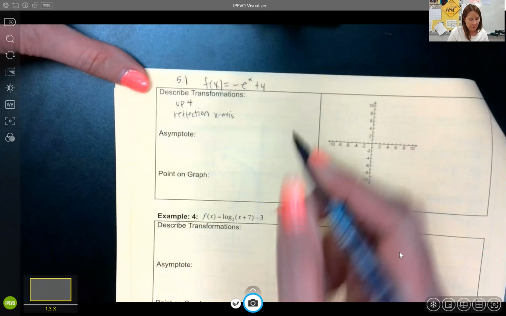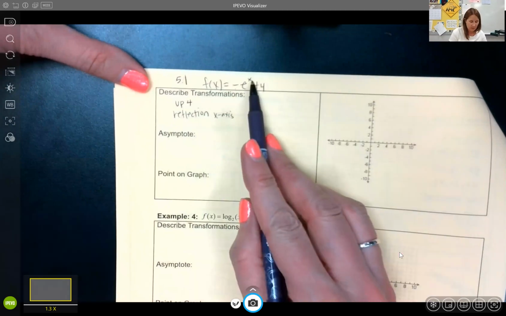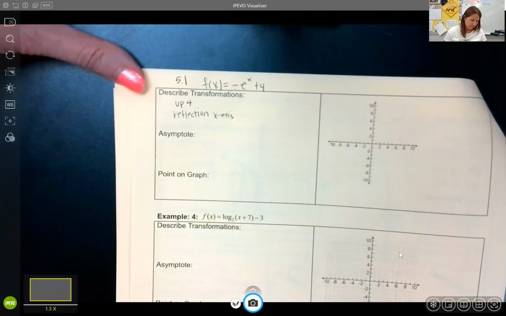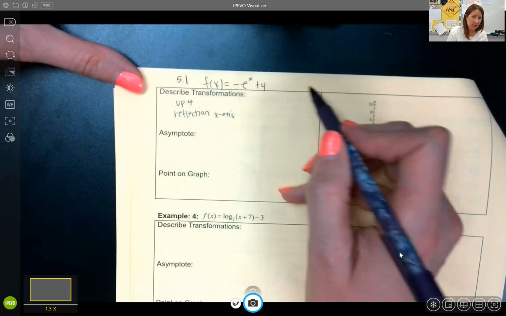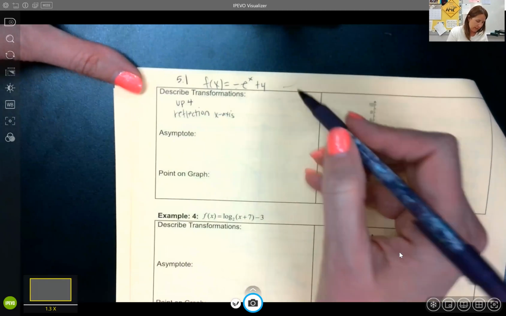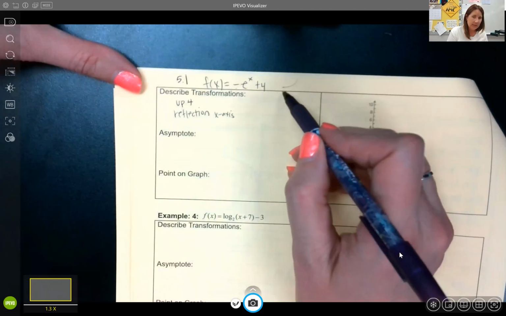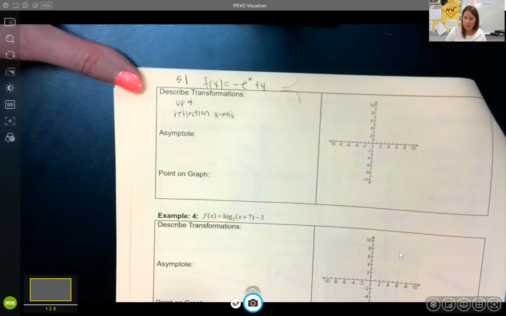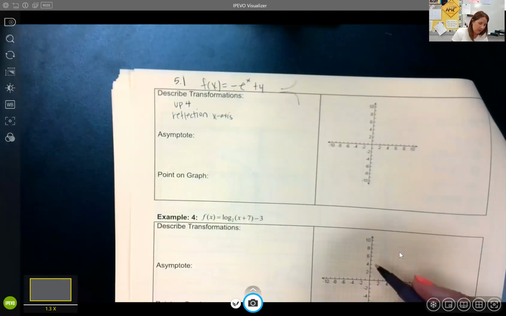But if the negative was just on the x, then it would be a y-axis reflection. Okay, so my parent function for e to the x goes like this and goes up, right? So if I reflect this across the x-axis, instead of going like this and going up, it's going to come like this and go down. So that kind of gives you an idea of what that graph is going to look like, okay?